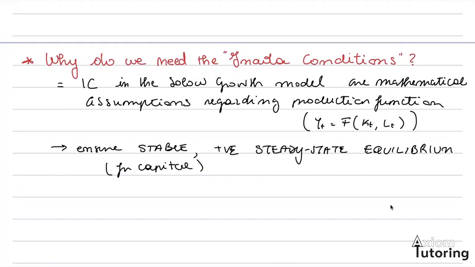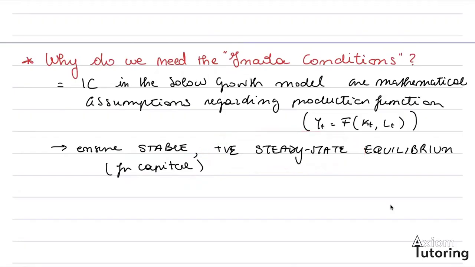Even though we've just been talking about output, what drives economic growth according to our Solow growth model is capital accumulation. So these Inada conditions guarantee that the economy does not get stuck at zero capital, so there is a way for it to proceed, or that it does not grow infinitely without a bound. They ensure this interior non-zero stable solution, and this is what we mean by a positive steady state equilibrium.